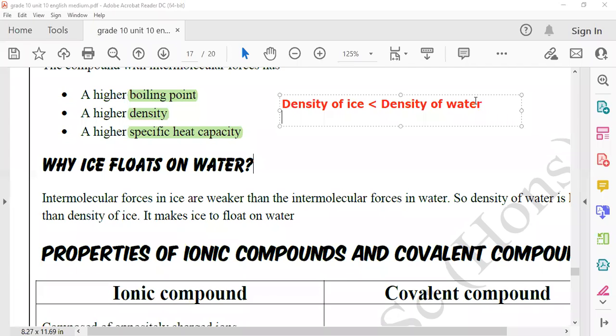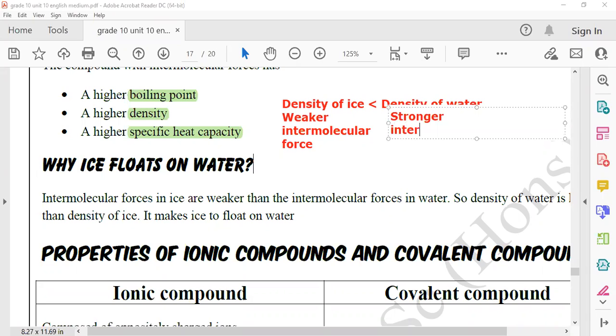So, if the density of ice is less and the density of water is high, we can connect this with the intermolecular forces. In ice, there are weaker intermolecular forces. In water, there are strong intermolecular forces.